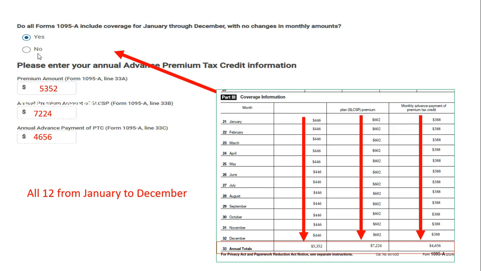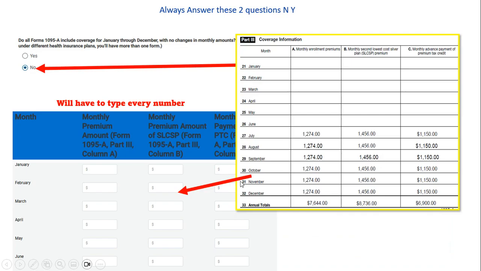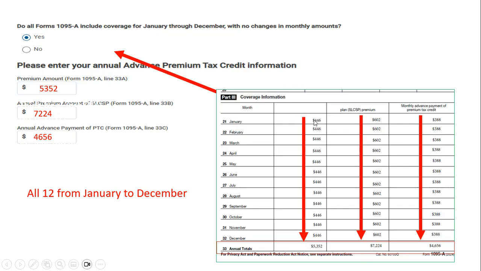All right. This is what I was trying to talk about earlier. Be very careful in looking at this form. I always take my finger and I go down column A right here, and I make sure every single one of these numbers are correct, are the same. If you have a blank or one number different in column A, then this question over here, do all forms 1095A include coverage from January through December with no changes in monthly amount.